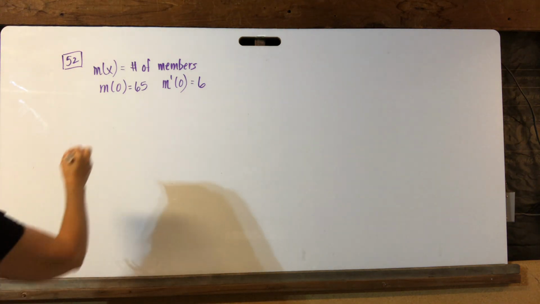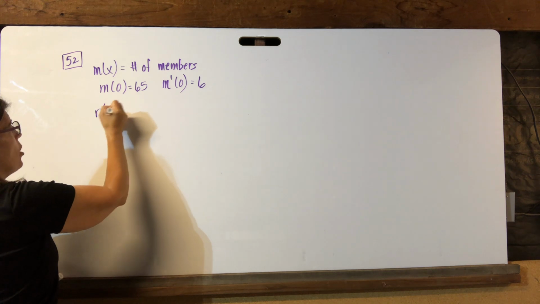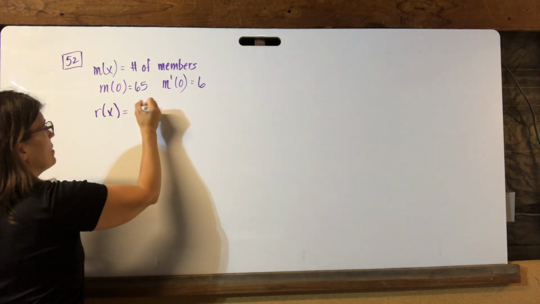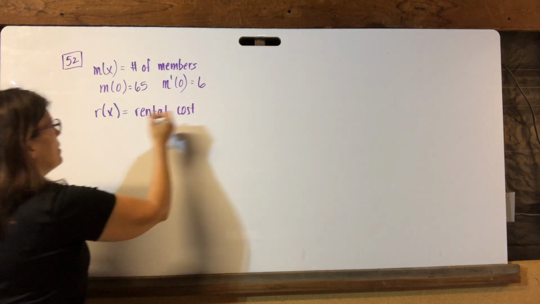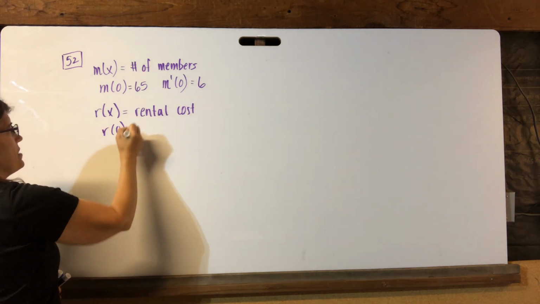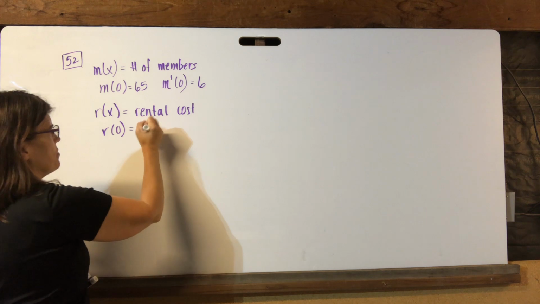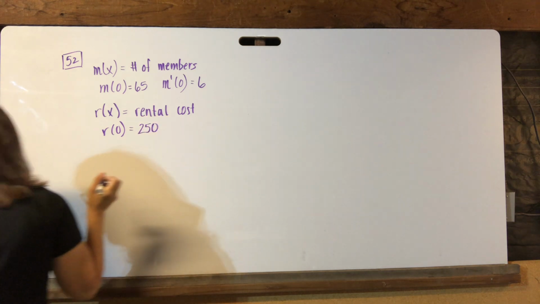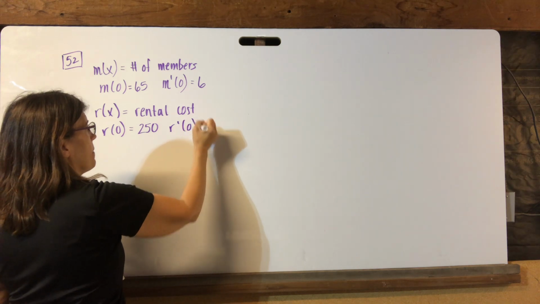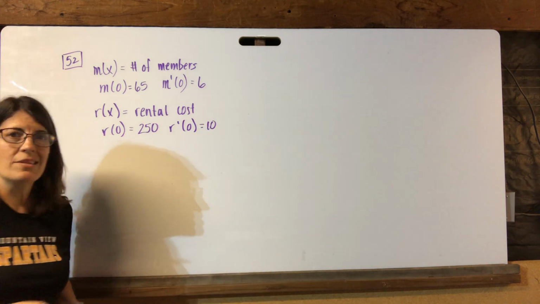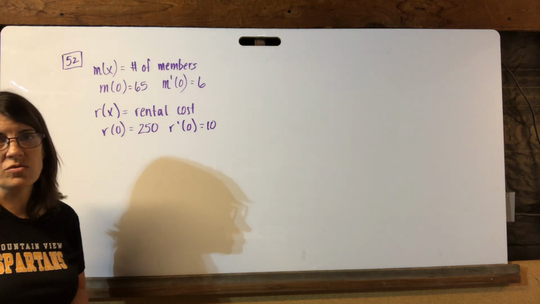I think it's per year. Okay, and then I did R for rental. And so I said that the R of 0 was, I think it's 250. And the R prime of 0 is 10. Why 0? Because it's just representing the initial starting point.